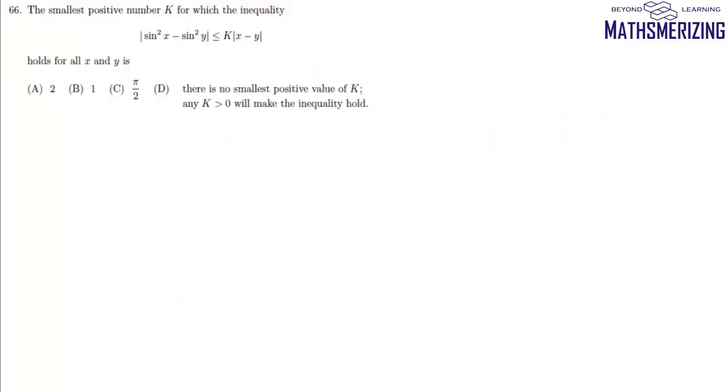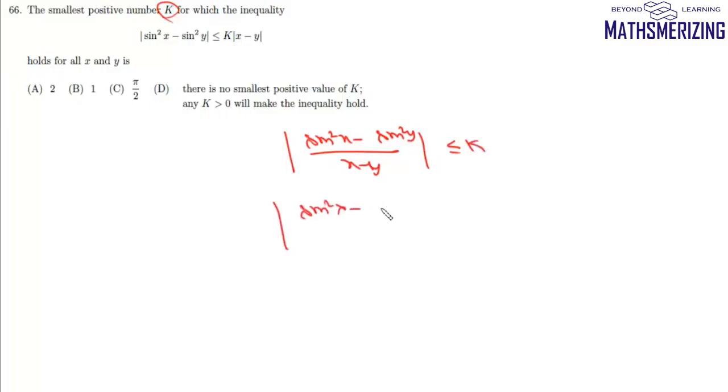Now question number 66 is the smallest positive value of k for which this inequality holds. We can write this inequality as mod of (sin square x minus sin square y) upon (x minus y) is less than or equal to k. Now we look at this expression, sin square x minus sin square y upon x minus y.